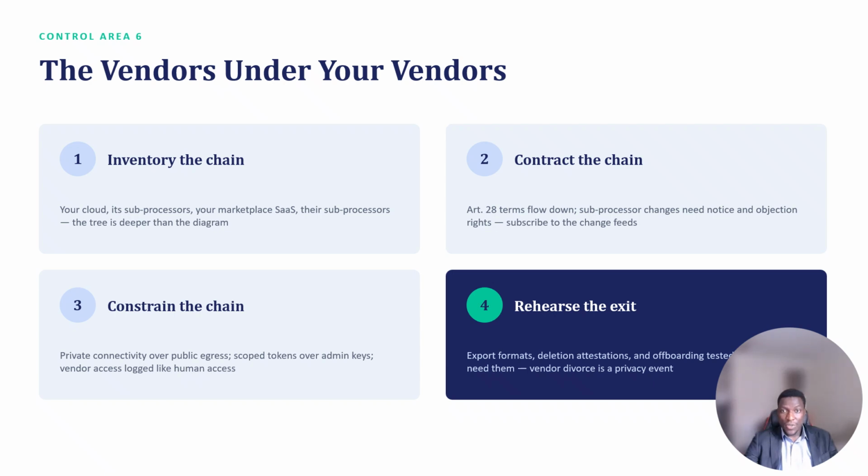This is something that commonly happens, changing vendors or leaving a vendor and moving to the next. And the worst time to discover that a vendor can't delete your data is when you're leaving them. This also refers back to module 3, where we talked about vendor mapping.